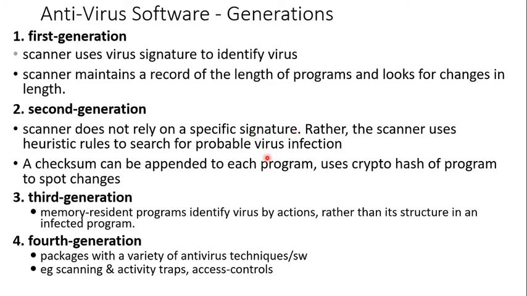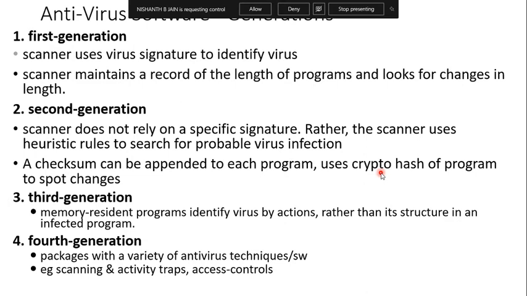They came up with a set of algorithms or rules to find out. One very important algorithm they thought of is the crypto hash function, to find out the modifications that happened in the infected file. That is what happened in the second generation.